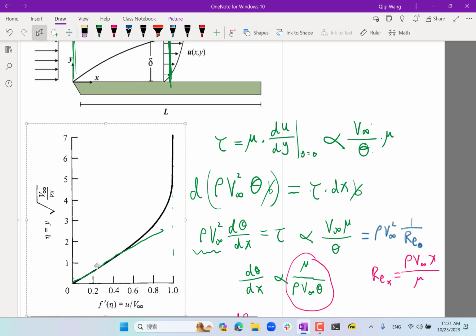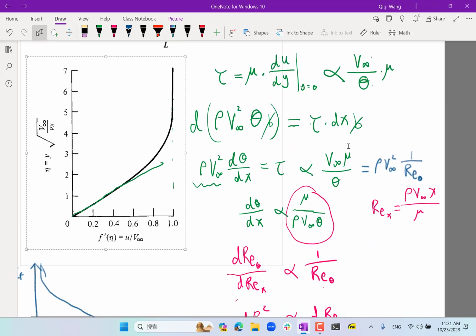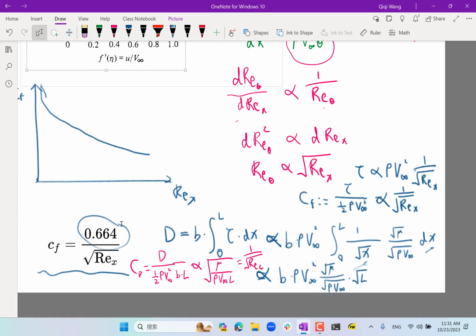There is no analytic solution to the Blasius equation. You have to solve it numerically and measure the slope of the Blasius solution at y equal to 0. You also have to divide by theta, which is an integration over the Blasius solution. The ratio of the slope and the integral gets you the constant over here, and that propagates all the way to the end of the analysis to this number.